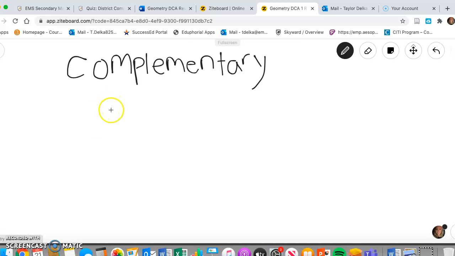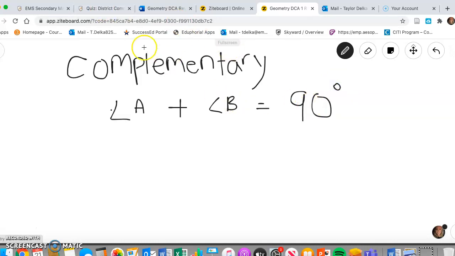But any two angles, so we're going to call this one angle A, and we're going to call this one angle B. Any two angles added together equal, complementary means 90 degrees, okay? So they're giving us some sort of equation that's going to equal 90 degrees.